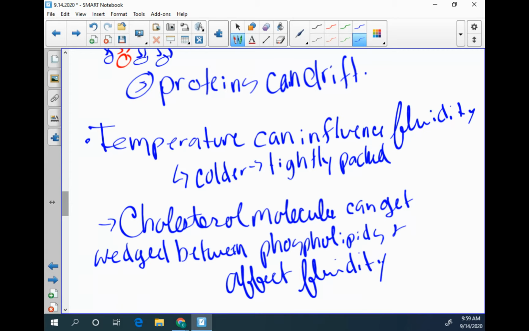The idea that this cholesterol in the membrane happens in cold water environments helps us understand evolution a little bit more. There's more evidence for evolution when we look into a plasma membrane.